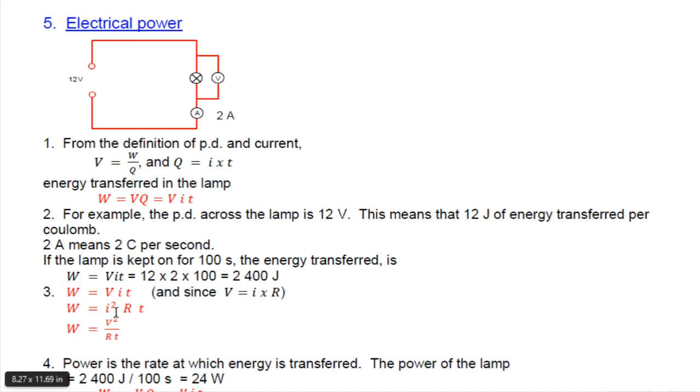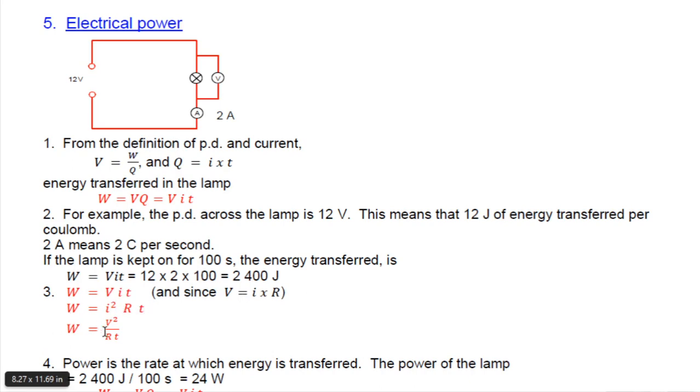Now since we know that V is equal to IR, we can substitute for V here to get IR times IT, which boils down to I squared RT.